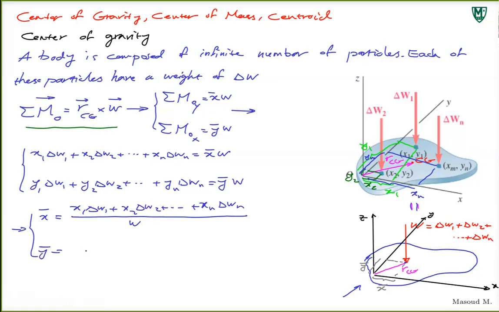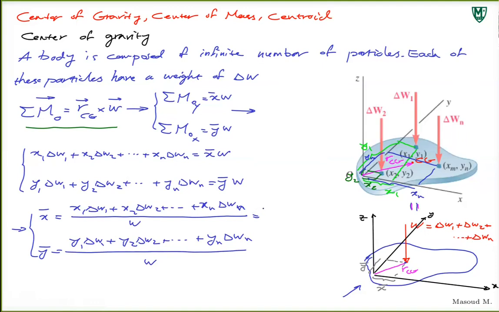And Y bar would be Y1 delta W1 plus Y2 delta W2 through Yn delta Wn, divided by W.